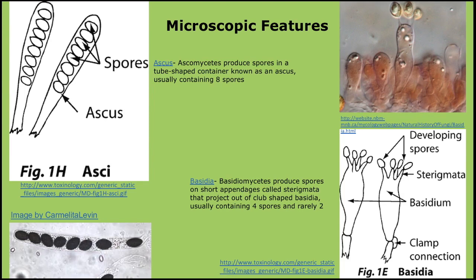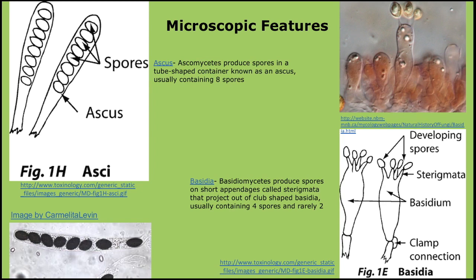So it's very complex, I know. I find it complex too. The sterigmata project out of a club-shaped basidium, usually containing 4 spores and rarely 2. So when you look under the microscope and you see this sort of devilish-looking thing with little spikes sticking out and a little spore sticking out, that's when you know this belongs to the Basidiomycetes group.